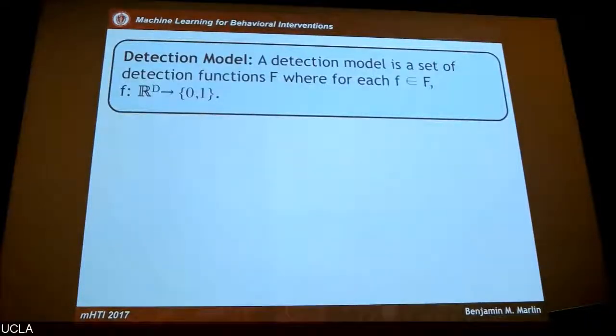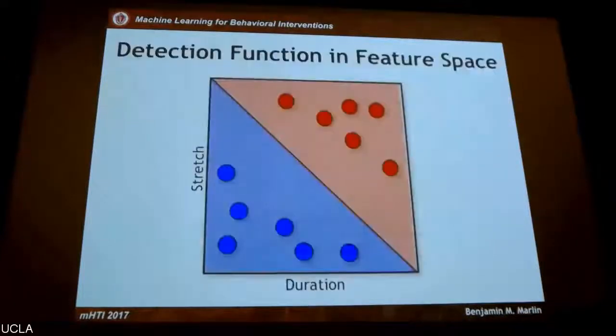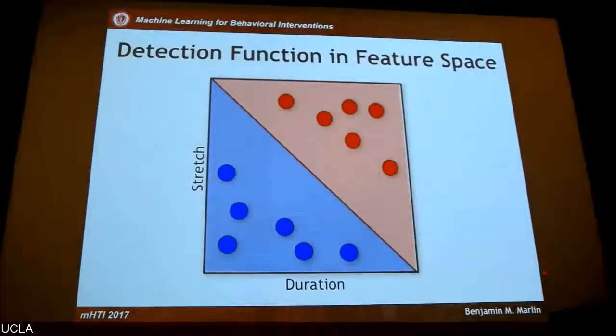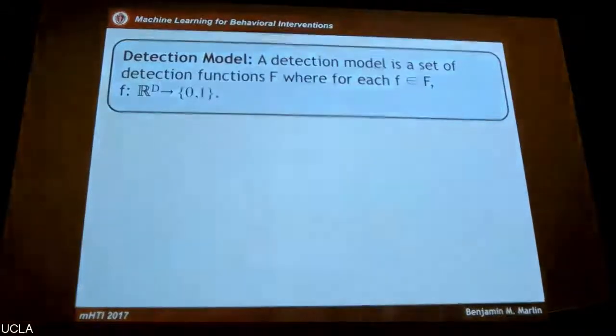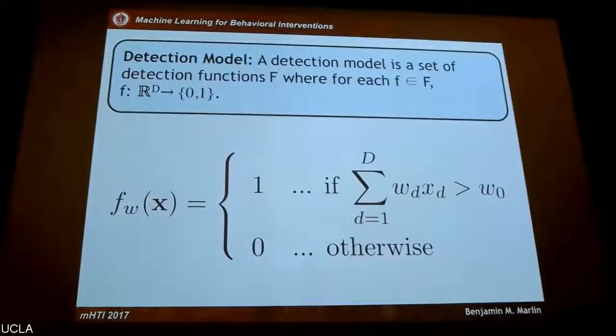So the learning problem relies on the idea of being able to choose between different options here. So what we're going to say is a detection model is just a set of possible detection functions. If you know logistic regression, this is the decision function for logistic regression.